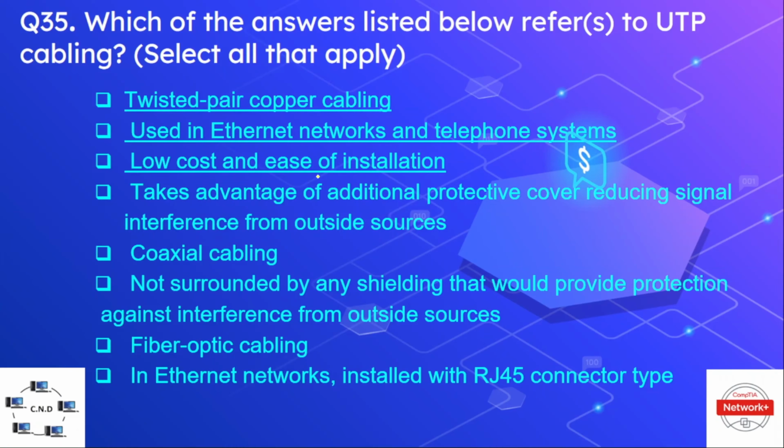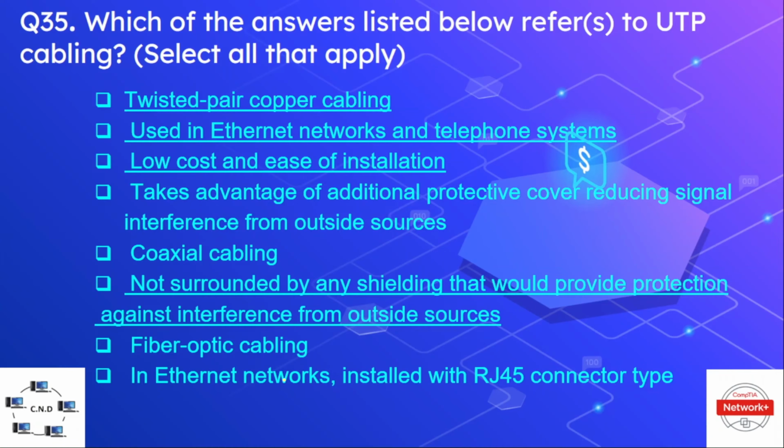The next correct option is that it has low cost and is easy to install. It is not surrounded by any shielding that would provide protection against interference from outside sources, as opposed to STP, which has shielding around it.